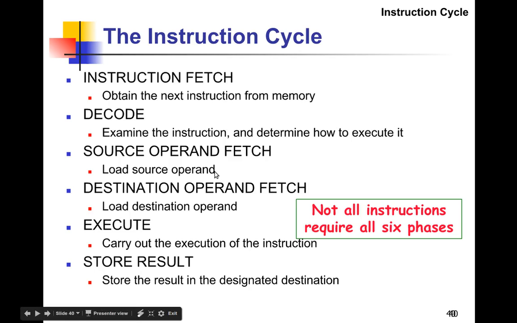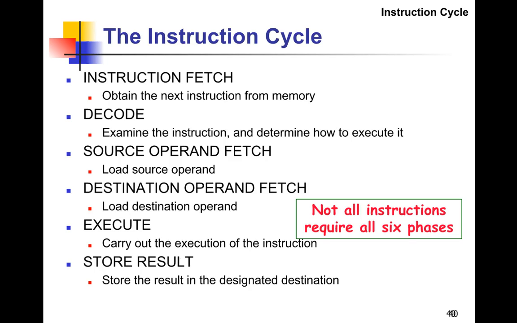Then you have some operands usually, and the first one you fetch is the source operand, and then you fetch the destination operand, and then usually you use the arithmetic logic unit or something like that to execute the result. And lastly, you store the result in the destination operand.